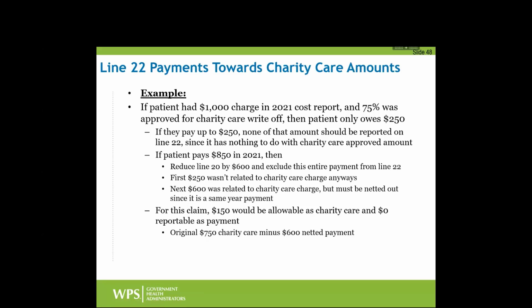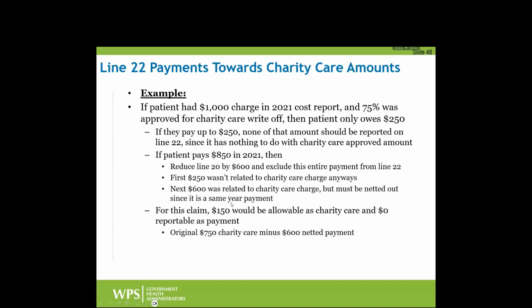Now there's still 150 of that claim left because remember, 750 was charity care. They paid 850. Let's see, 850 was the patient payment. We disallowed 250 because that was their normal payment. So that gives us 600 that they actually paid compared to the 750 that was charity care.